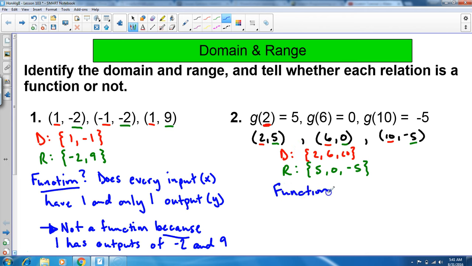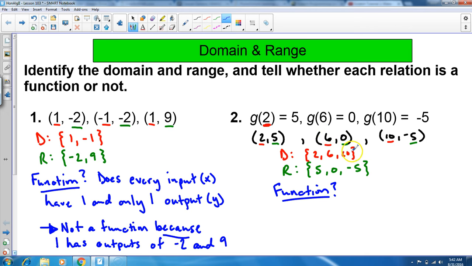We're asking the same question. We're going to look at the domain or the inputs and see if those input values map to one and only one output. So let's check our first one, 2. 2 maps to 5 in this one, and we don't see 2 come up as an input the rest of this example, so 2 checks out. Second input is 6. 6 maps to 0 and only 0.